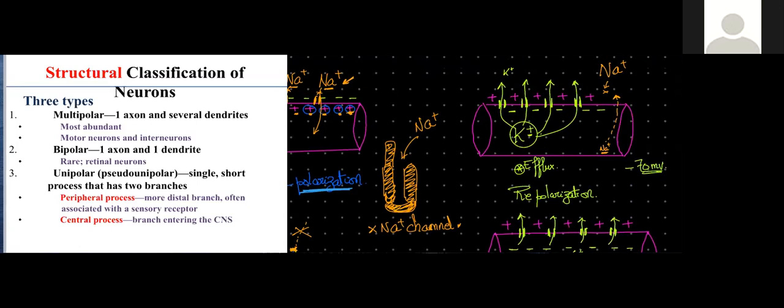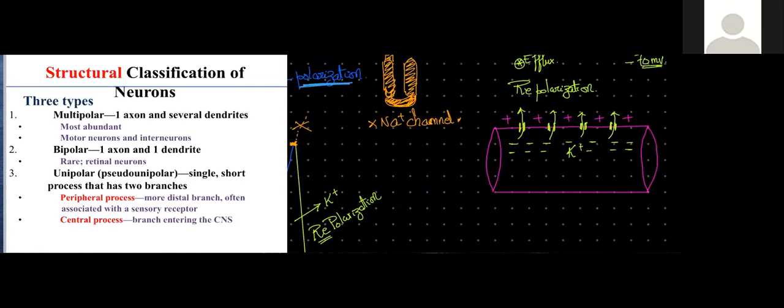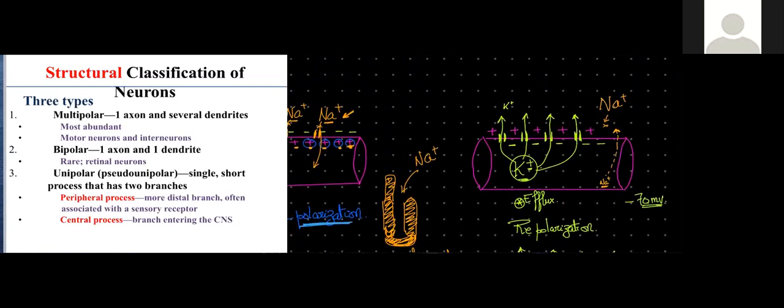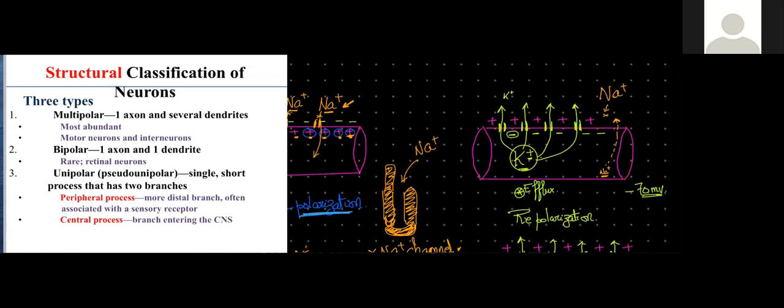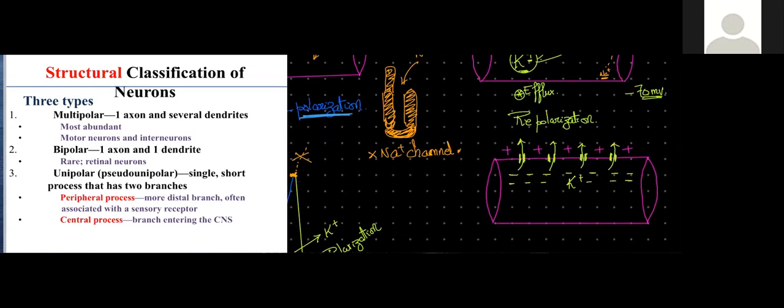When I open up those potassium channels, the potassium is going to be traveling again down its concentration gradient from inside of the cell to the outside of the cell. And as a result, inside will become more negatively charged again. But something that we need to be aware of is that those potassium channels are slow to close.